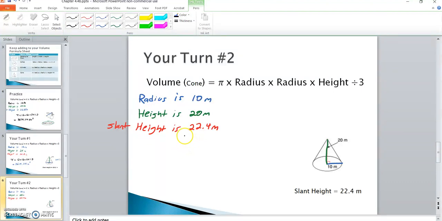So at this point, I'd like you to fill out your formula and figure out the rest of the question. All right, so we should have our pi times 10 times 10 times 20 divided by 3.